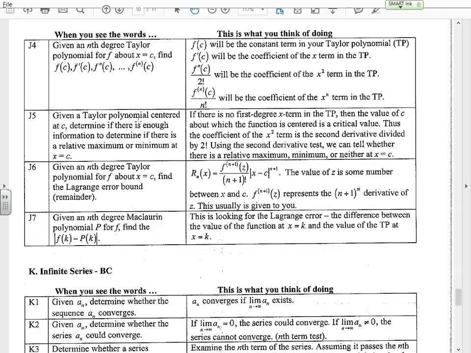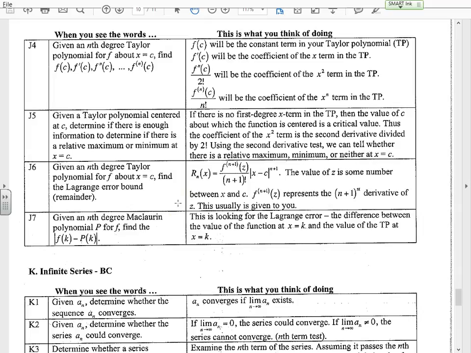So if you have a Taylor polynomial, just think of when the first derivative is 0 and the second derivative is positive or negative for the concavity. That's why they say to look at the x squared term, figure out the second derivative from its coefficient, and then test the sign. Any other ones from J?